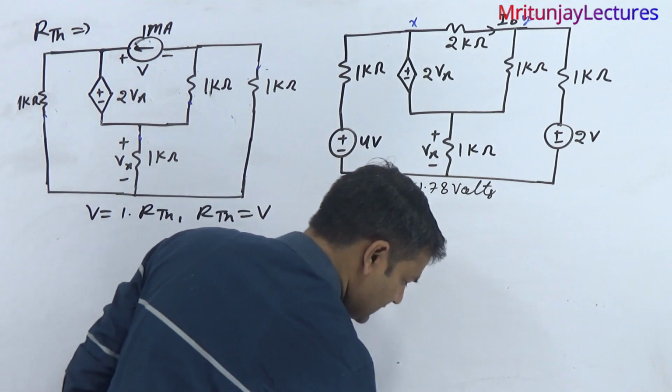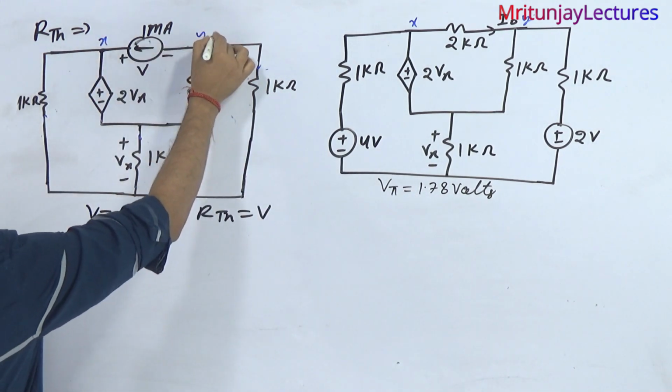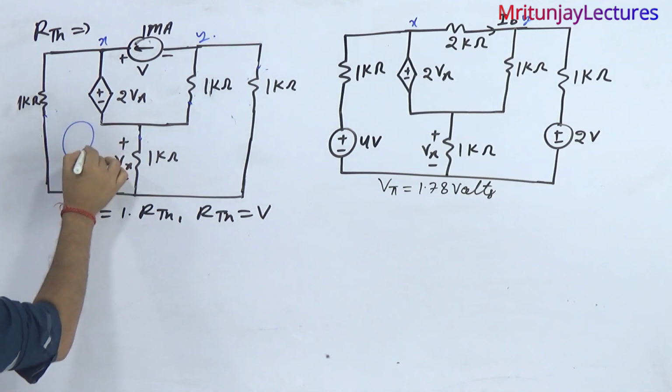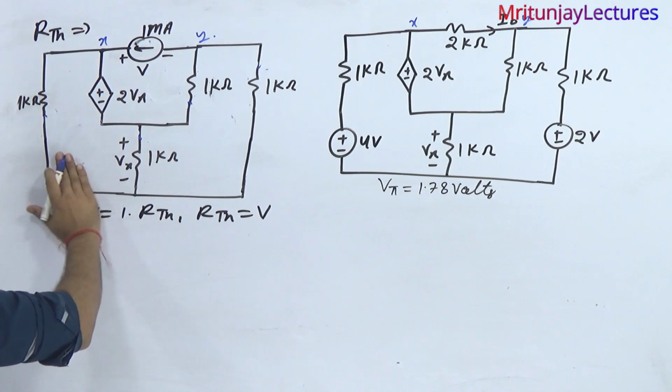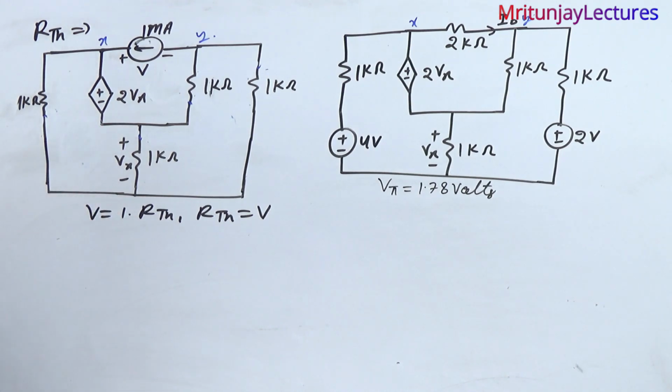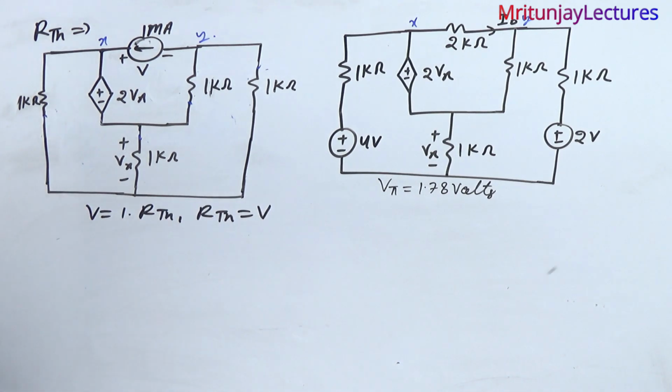So next target is, clear? Now we have considered I1, I2. If you see, this circuit and this circuit are not parallel, because here X, here Y, that's why not parallel.